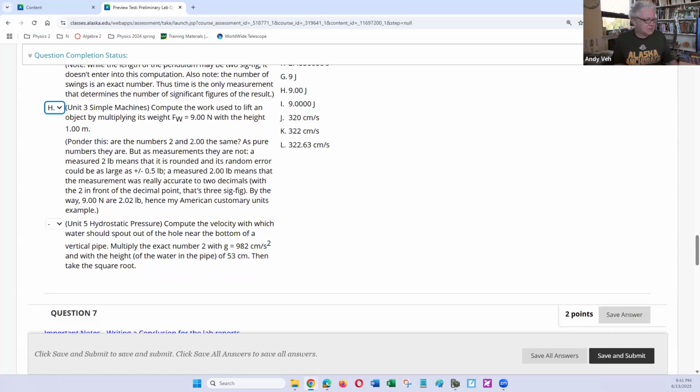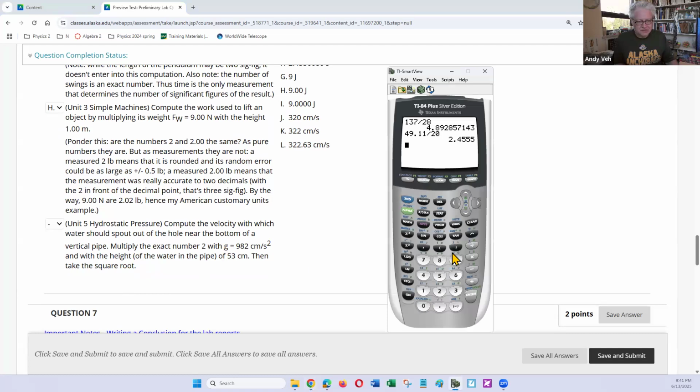And let's see the last one here. It says multiply the exact number 2 with gravity, 982, and with the height of 53. The 53 gives it away. That's 2 sig figs. That's what we ought to round to. And then we're supposed to take the square root because it says so.